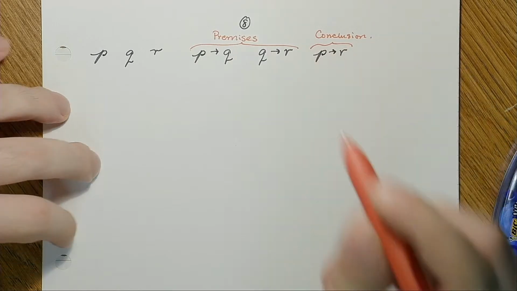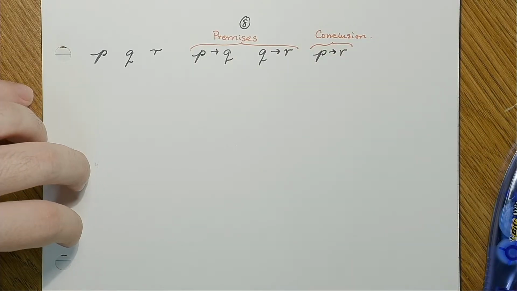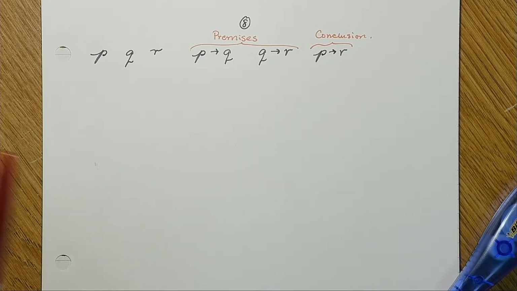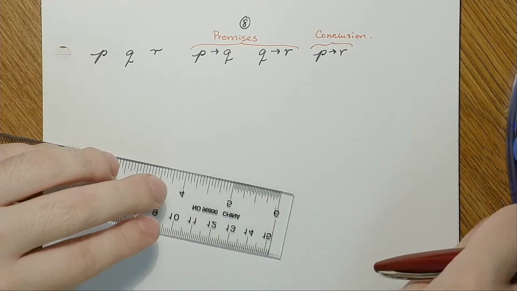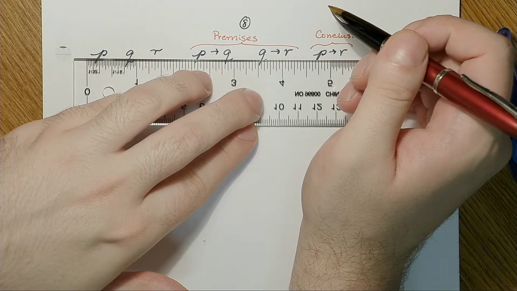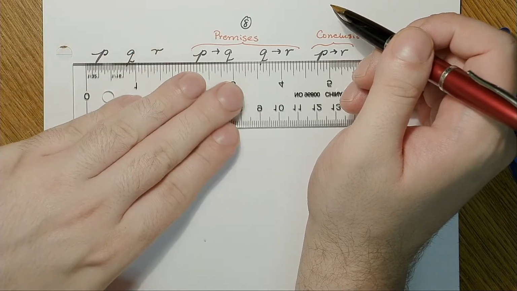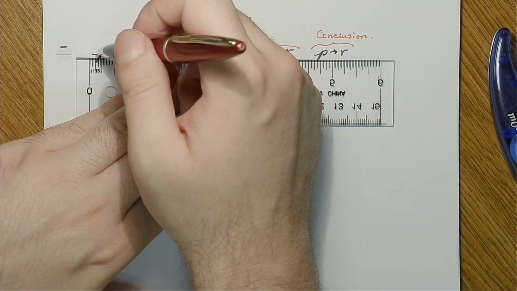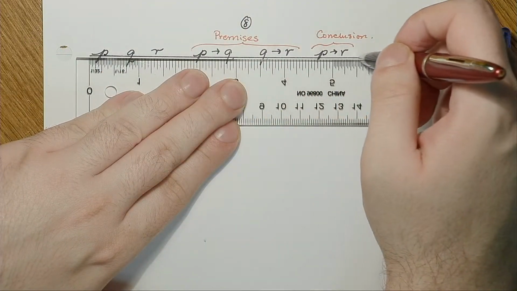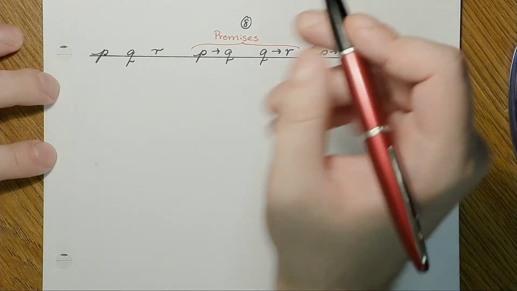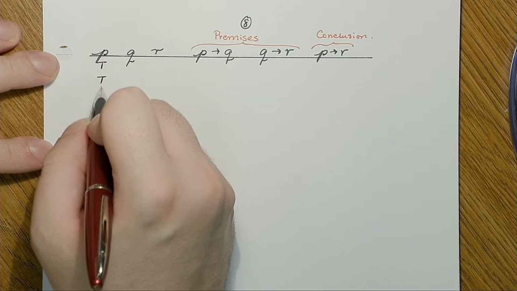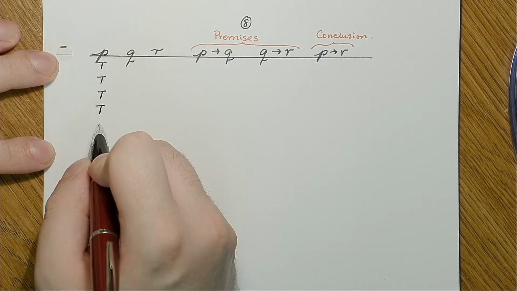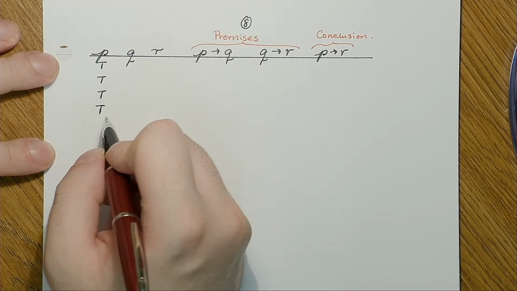And we'll use the definition of a valid argument. So 2 to the 3 is 8.